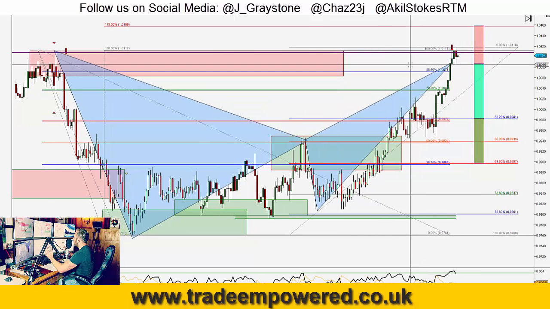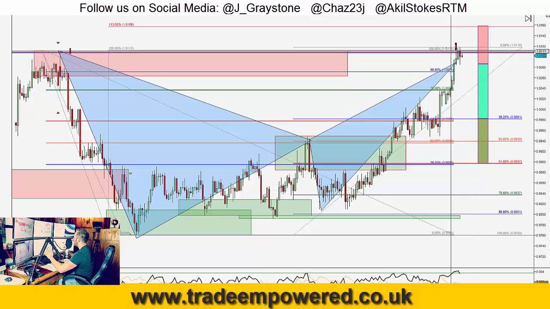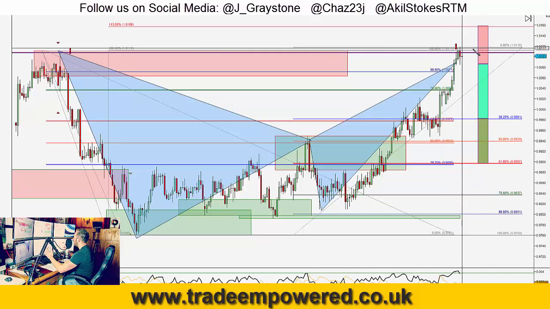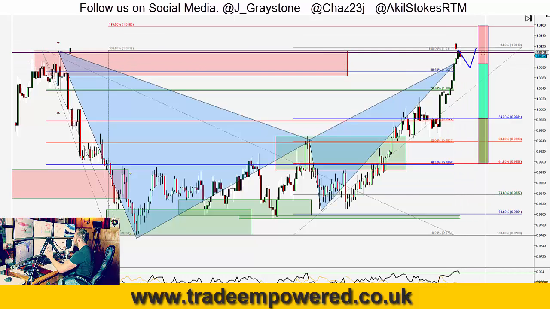So now for you structure-based traders or CTS style traders, you might be adding up your CTS score at this level and saying, well, RSI's already overbought, I'll just wait for a double top at this level. And then if you get a valid double top and you get some bearish divergence on the RSI, you might enter at market and put your stops an ATR above this high.